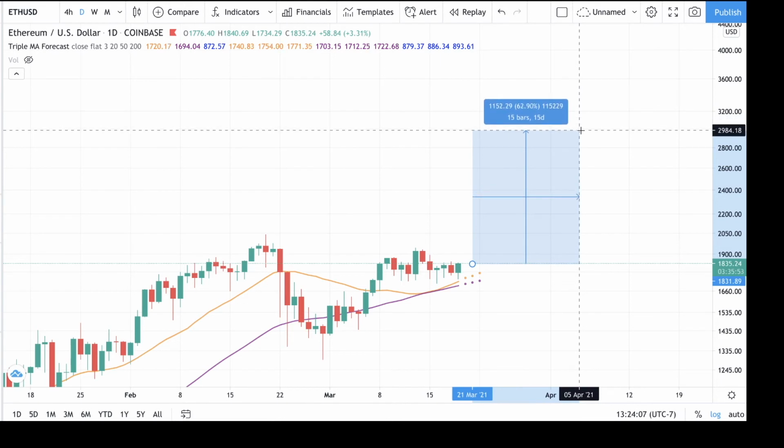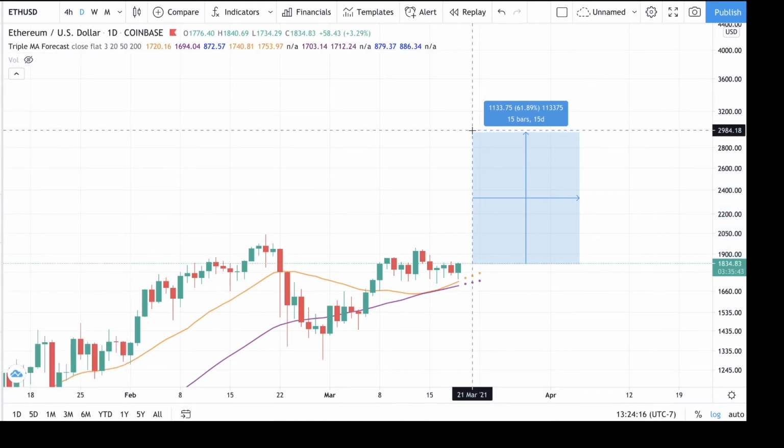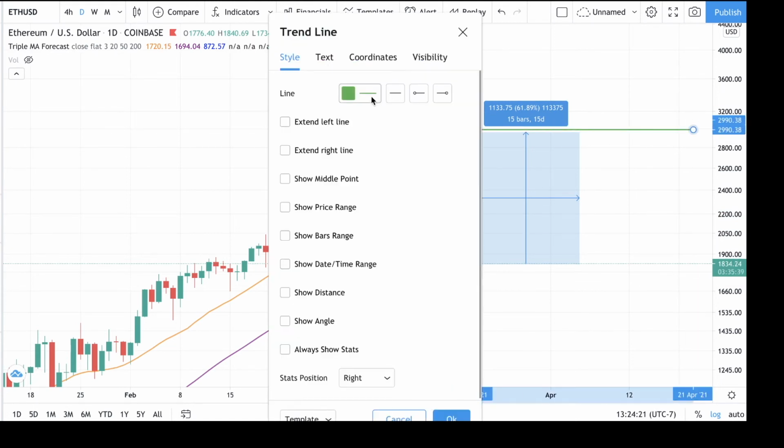So 60% would take us to about the $3,000 area, which is a very good and reasonable area here. If you think the $3,000 is a potential rejection area, it's because some people will be taking profits.